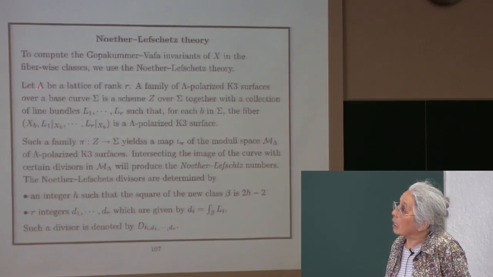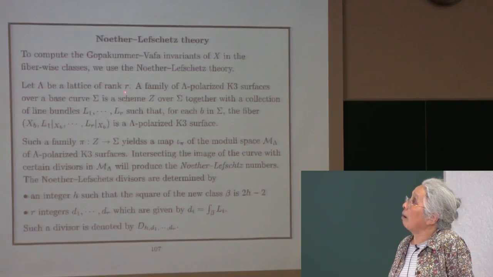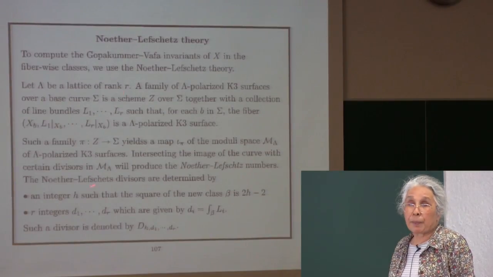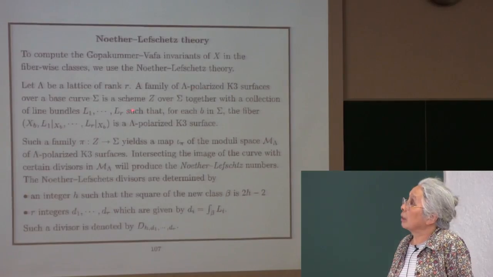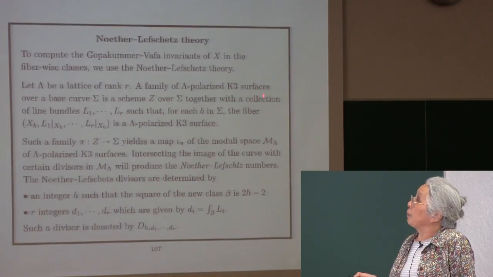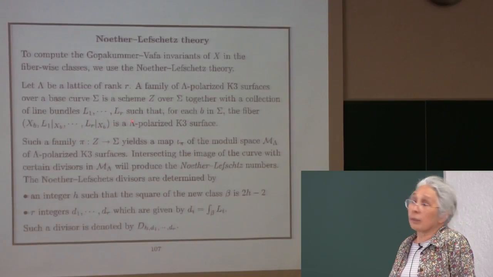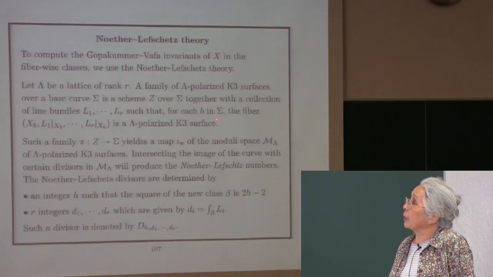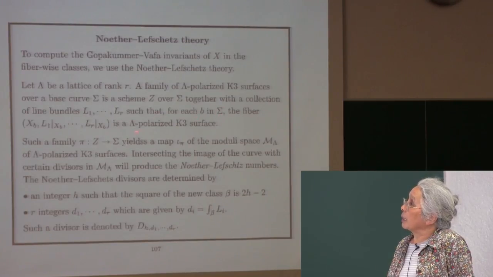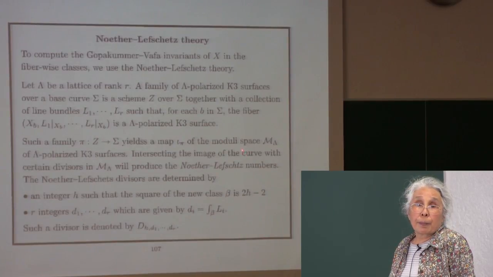So let's take lambda to be a lattice of rank R. For this theory to work, the rank is either 2 or 3. A family of lattice polarized K3 surfaces over a base curve sigma is a scheme Z over sigma together with a collection of R line bundles, such that for each point B in the base curve, the fiber is a lattice polarized K3.